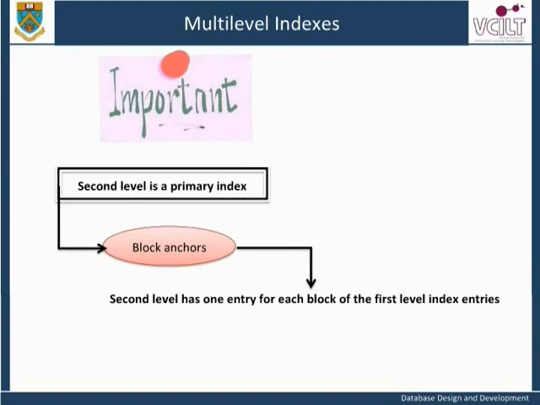Each has one field value and one block address. If the first level has R1 entries and the blocking factor, which is also the fan-out, for the index bfr_i equals fo, then the first level needs R1/fo blocks, which is therefore the number of entries R2 needed at the second level of the index.